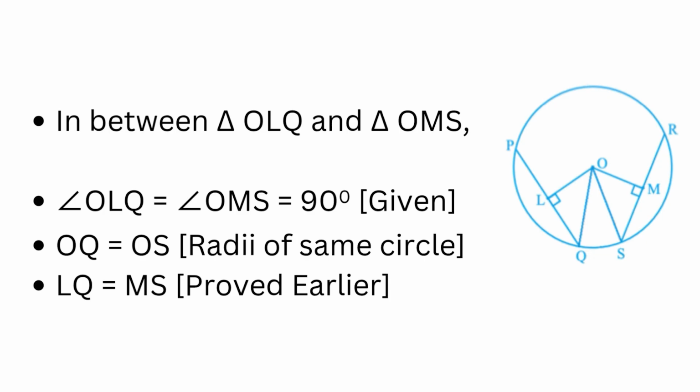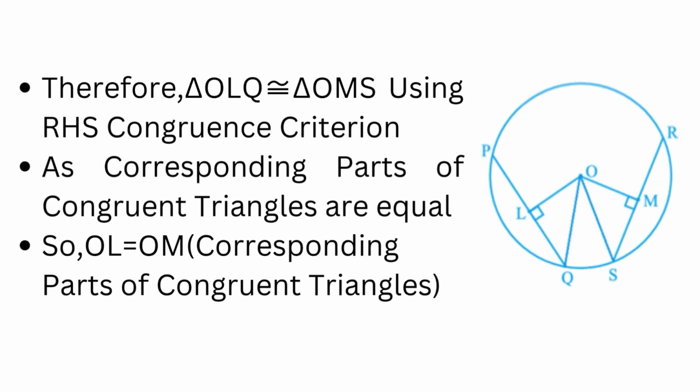Again, OQ equal to OS, radii of the same circle, and LQ equal to MS, just you have proved. Now, what is your conclusion? Triangle OLQ is congruent to triangle OMS using the RHS congruence criterion.